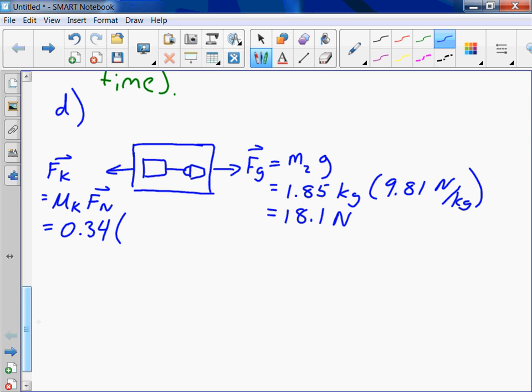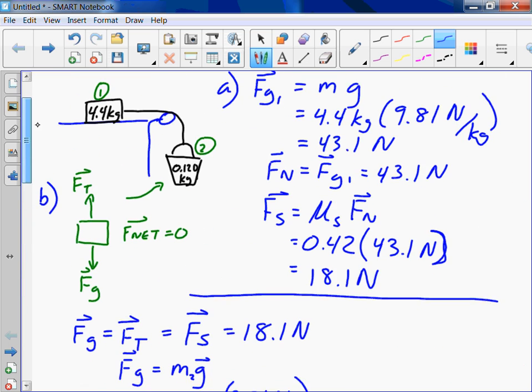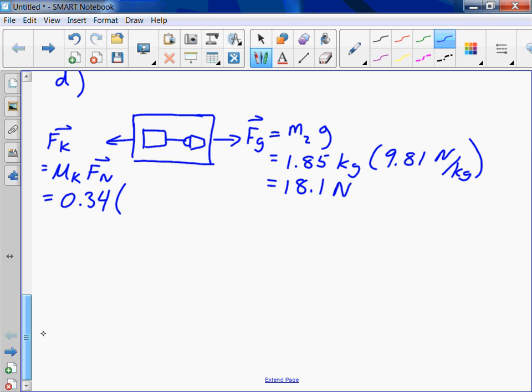And the normal force we calculated way back up here, 43.1 newtons. So it's 14.7.